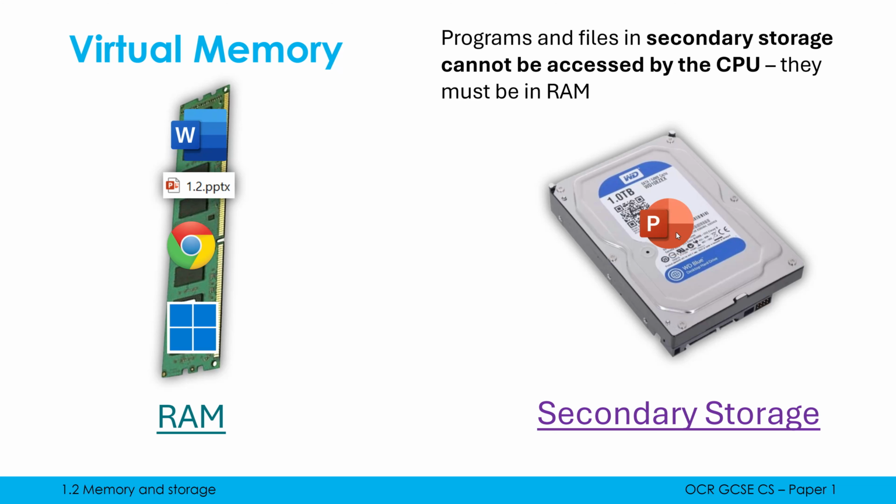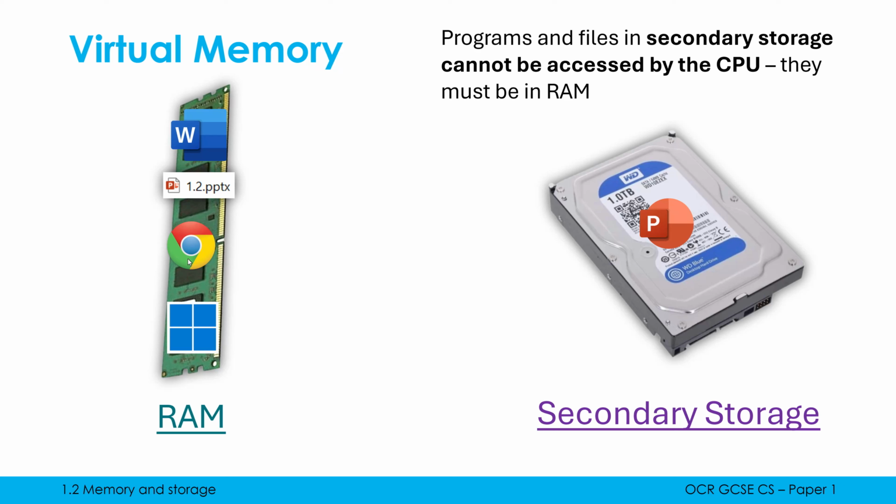Now, really importantly, programs and files in secondary storage cannot be accessed by the CPU. To be accessed, it has to be in RAM. So let's say I want to start working on my PowerPoint again. Well, if I want to use PowerPoint, I can't just access it in secondary storage. I need to move this PowerPoint program back into RAM. So at this point, we repeat the process.